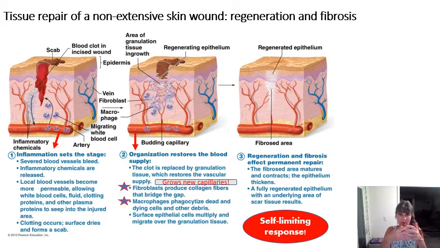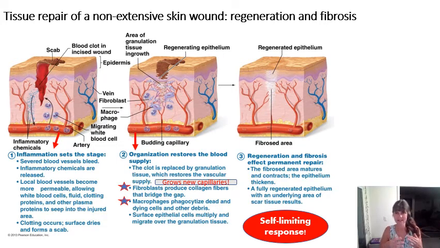And as the fibroblasts help to knit that damaged tissue area together, the macrophages that have come in are going to eat up the dead, dying cells and other debris that was there from the injury, and the epithelial tissue on the surface is going to be stimulated to multiply by way of mitosis to repair the damage that occurred at that level. So the surface epithelial cells are going to migrate over the granulation tissue.